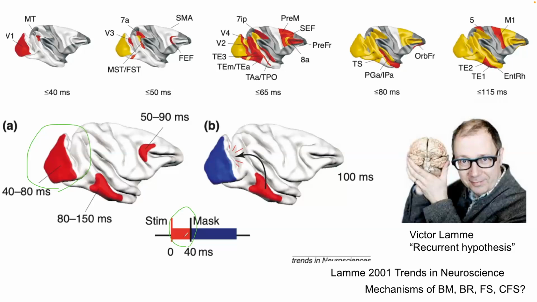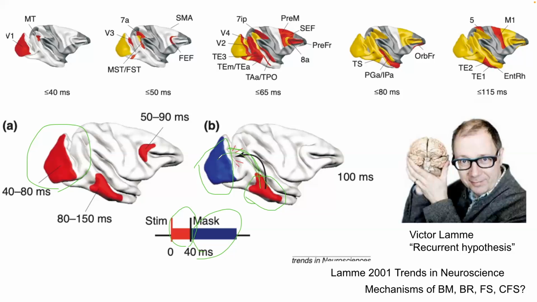And after that, the mask starts to come in, and V1 starts to be active about the mask. If you don't have the mask, then it forms some kind of reverberation with this later activated area, IT, which is the meaning area that you were talking about. Meaning and V1 start communicating.